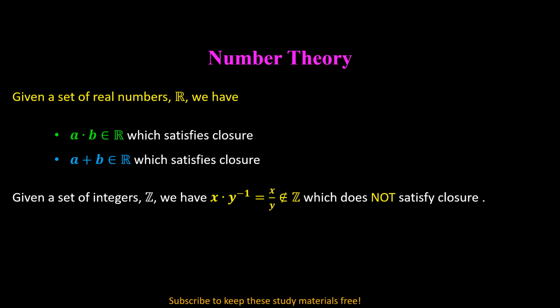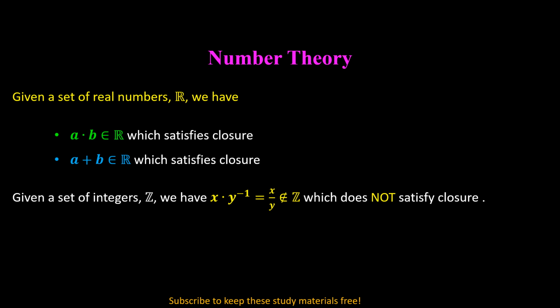This is a little bit more about closure, in a little more detail. So let's look. It says given a set of real numbers R, we're talking about all the real numbers. If we have A times B and we multiply them and they're still in the real numbers, that will satisfy closure, because I started with a real number and I'm still in the real numbers.